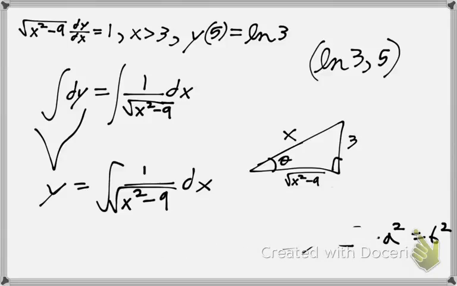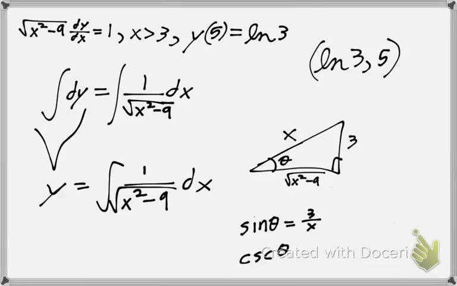Okay, now I'm going to get rid of that Pythagorean theorem. Sine theta is equal to opposite over hypotenuse, so it's 3 over x. So we're going to make that into cosecant theta: 3 cosecant theta is equal to x, because with the cosecant you basically just swap these two values. Instead of opposite over hypotenuse, it would be hypotenuse over opposite, since cosecant is equal to 1 over sine.